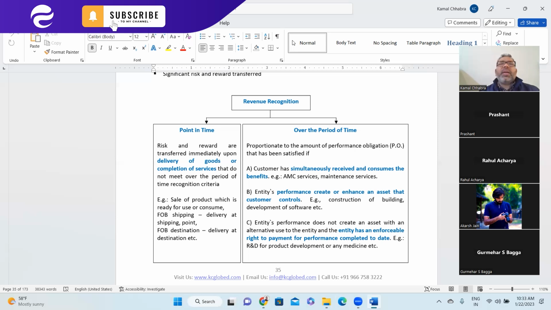But when you are using it, you do not know at what time what service you will need. It is always there to support you in case of need. That means you are consuming the benefits over the period of time. Hence, it meets the criteria of over the period of time.